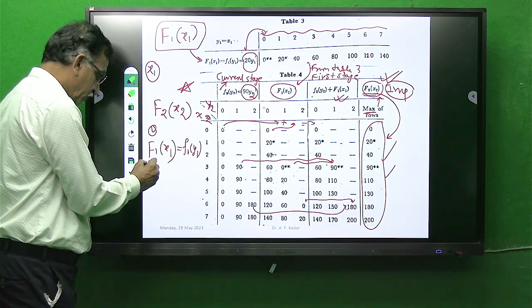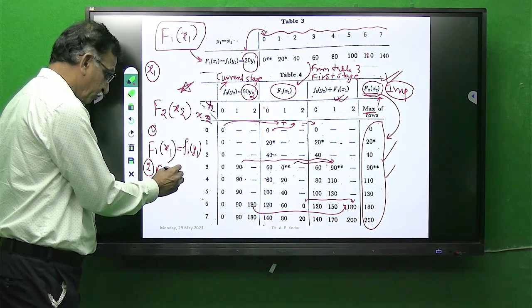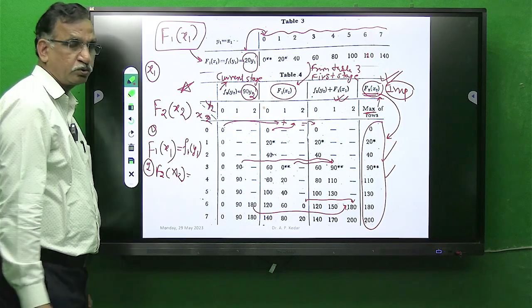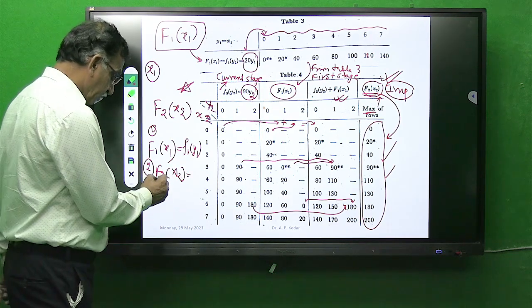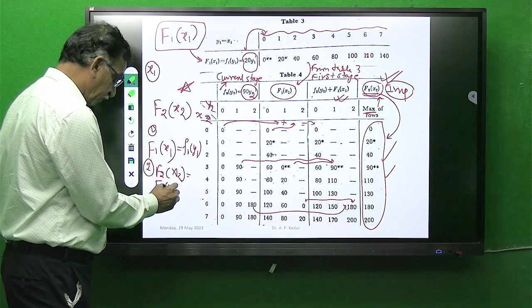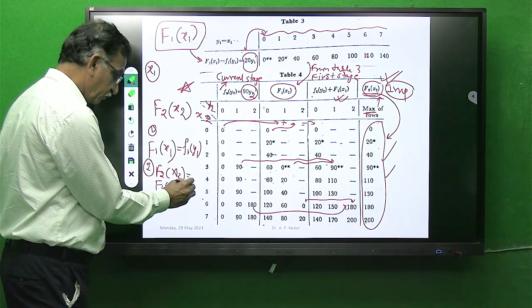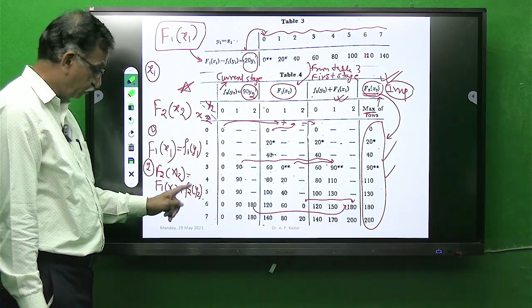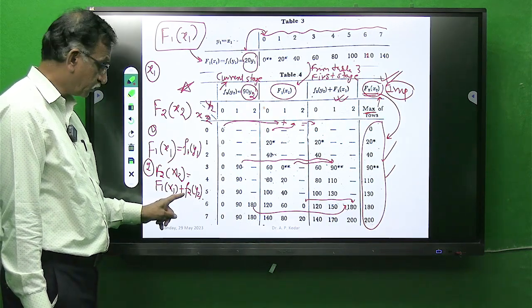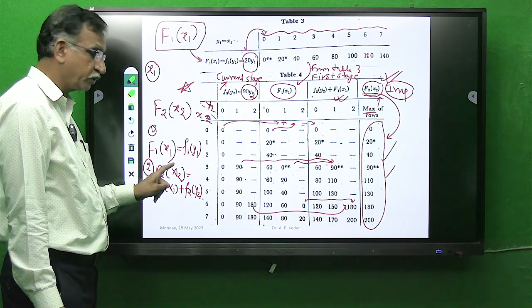In this stage we calculated f2 of x2, and the logic used was: f2 of x2 is f1 x1, the optimal solution of the first stage, plus the current stage decision y2, whose output is f2 y2. This addition gave us f2 x2.